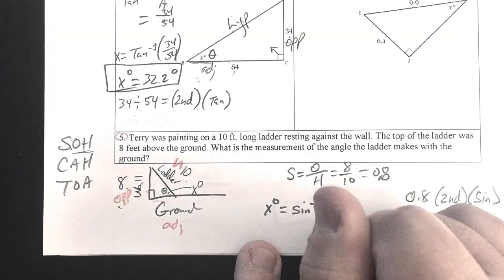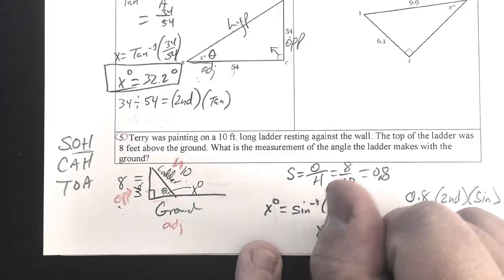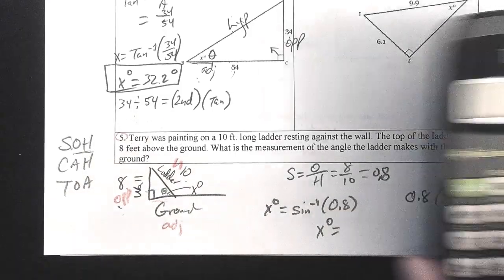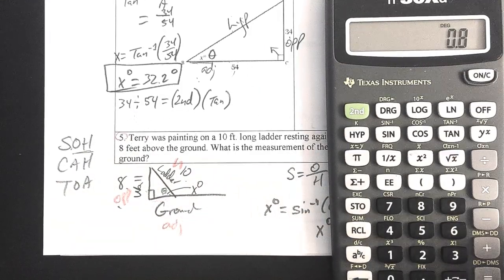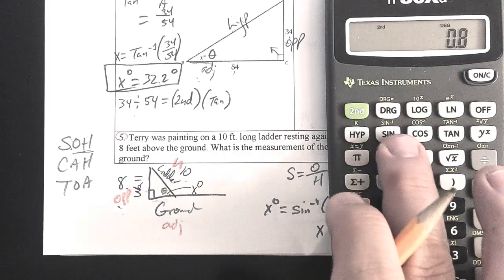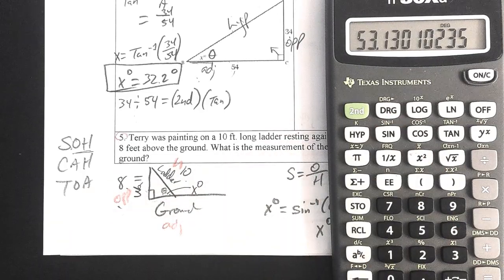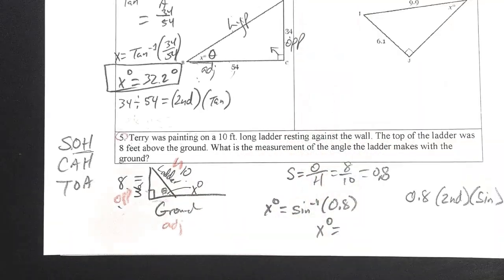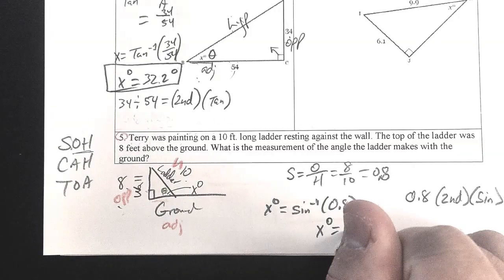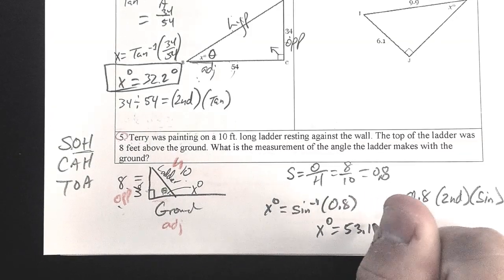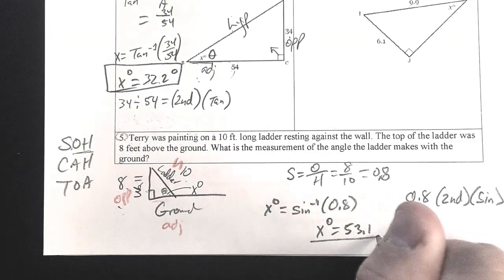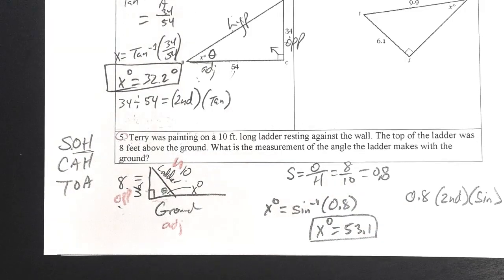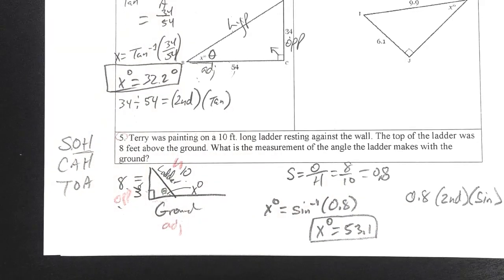Remember, you can't hit equals. So that angle is 53.13, and we're just going to round down and say 53.1. It's degrees here, so I'm not writing degrees twice. That's considered redundant, but whatever. I'm the teacher, I make the rules.